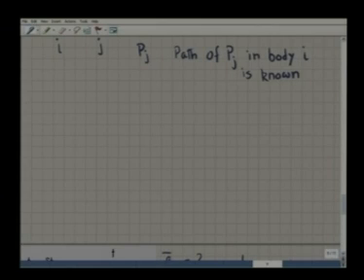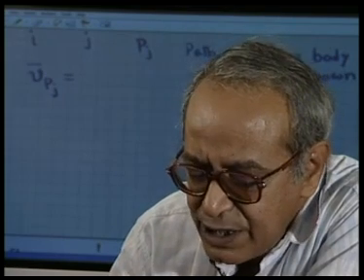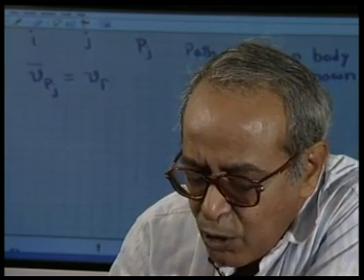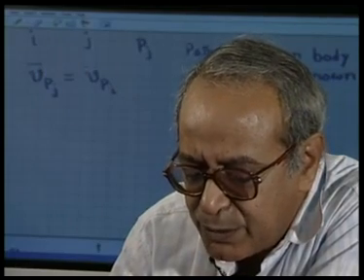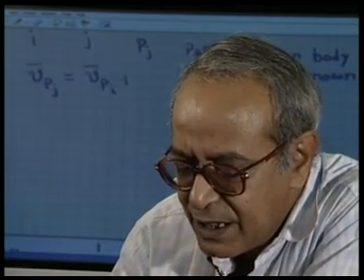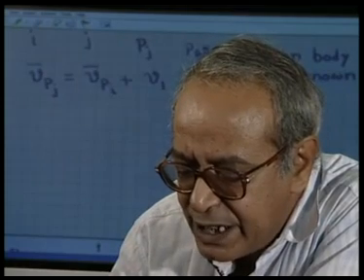Then I can find the velocity of the point Pj: it is the velocity of the point Pi, which is instantaneously coincident with Pj, plus the velocity of Pj in i, that is as measured by an observer attached to body i. And this velocity Vpji is tangential to this path of Pj in body i, which is known.